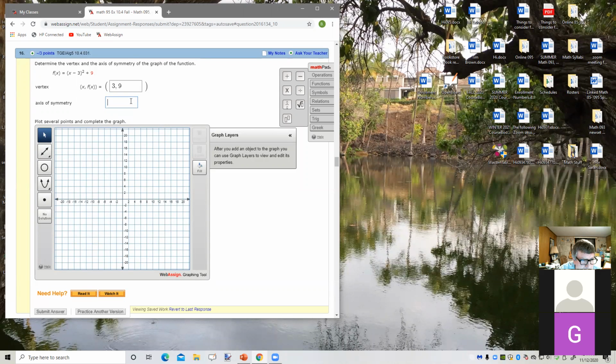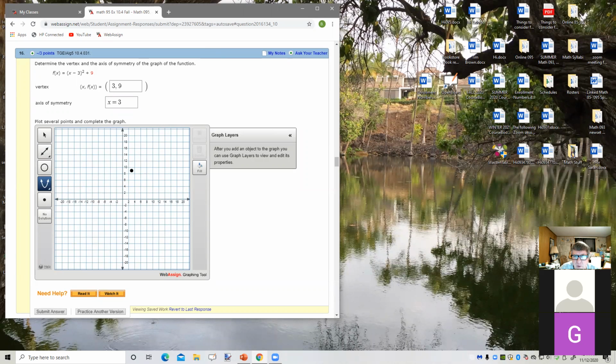Would it be at x equals 3? Good job. Absolutely. Okay, now I'm going to graph it and I'm going to start with a vertex, which is at (3, 9). Okay.